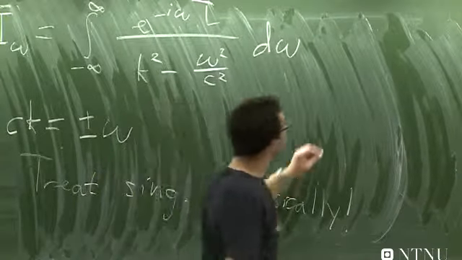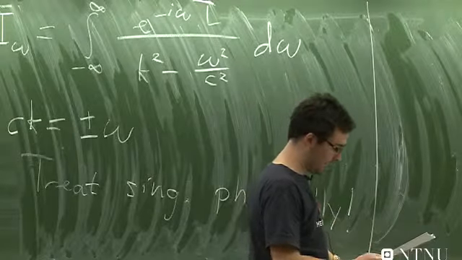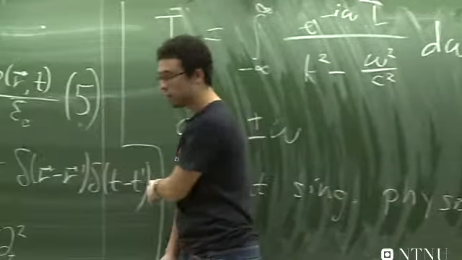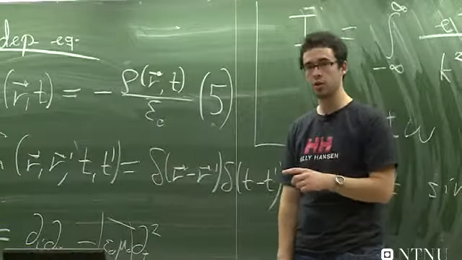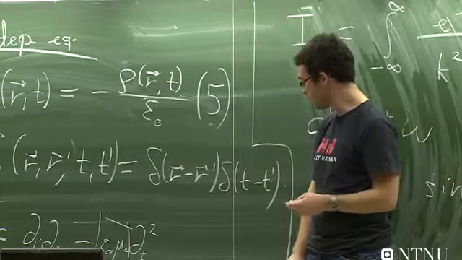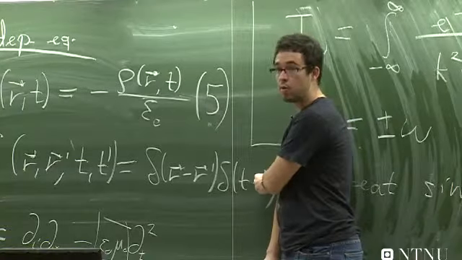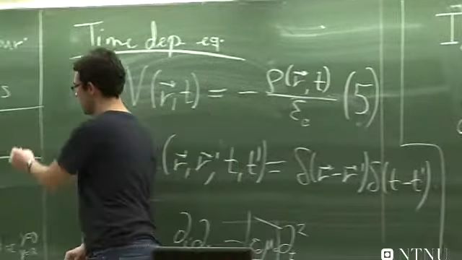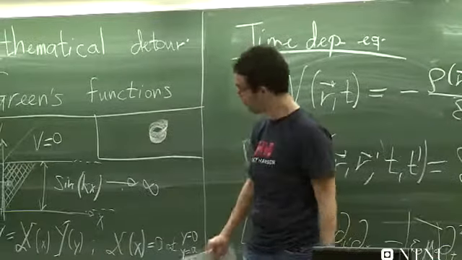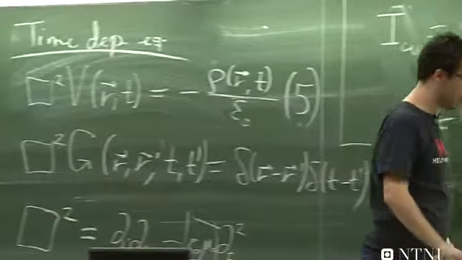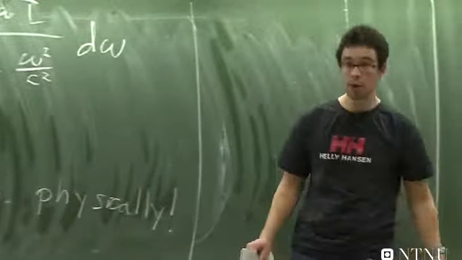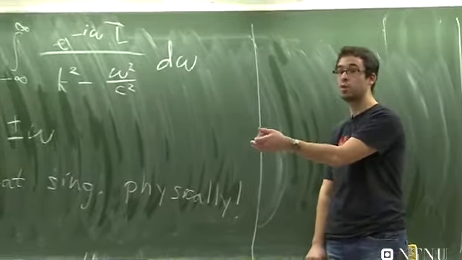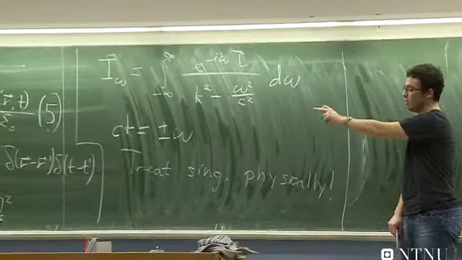Yep. Now, note the following, this equation here gives us the potential for a unit charge which is turned on at t equal to t prime. So let's say that I turn on some charge here for a short amount of time. And then if I'm measuring the field over here, then I'm going to have to wait at least a few nanoseconds because the speed of light is finite.